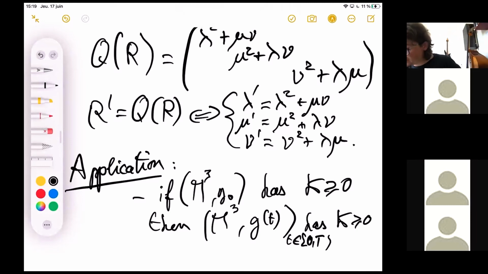Okay, so how do you prove that? Well, you look at the system here, pick a solution which starts with, so these are the sectional curvatures and there's the smallest one among them.